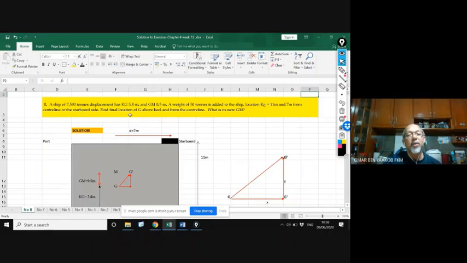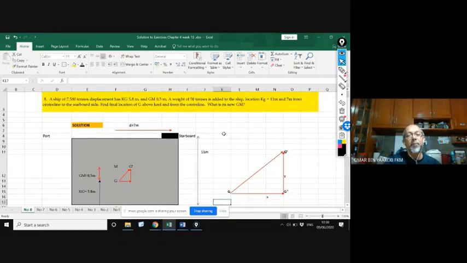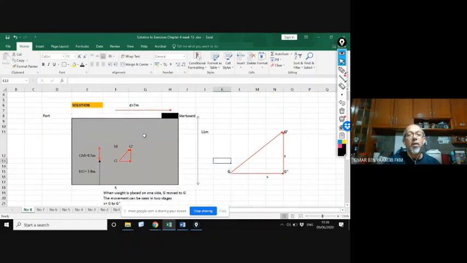On the sum, find the final location of G above keel and from the center line. What is the new GM? Okay, so when a weight is added here, G moves towards the point of addition. If you draw a line from G to that point, G moves towards that.